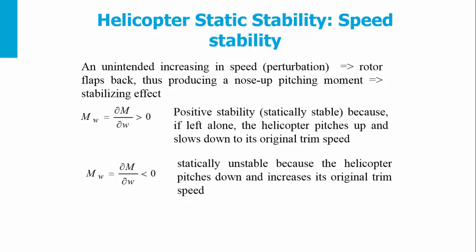Therefore, we define the derivative Mw, the variation of the pitch moment after a perturbation in heave velocity, and we say that the rotor is stabilizing. We have a positive stability because, if left alone, the helicopter will pitch up and then slow down to its original trim speed.